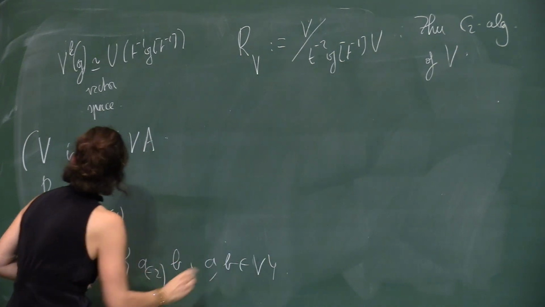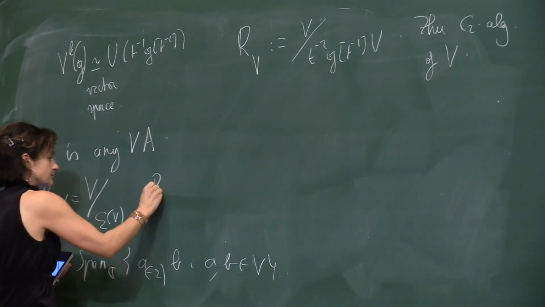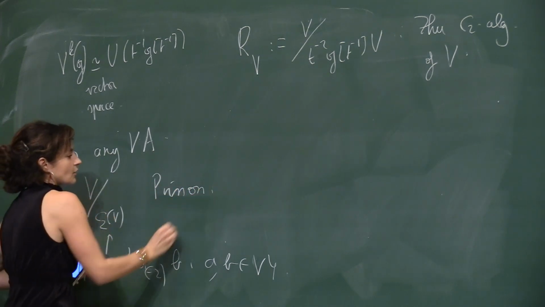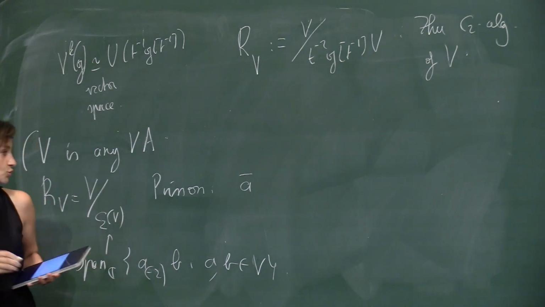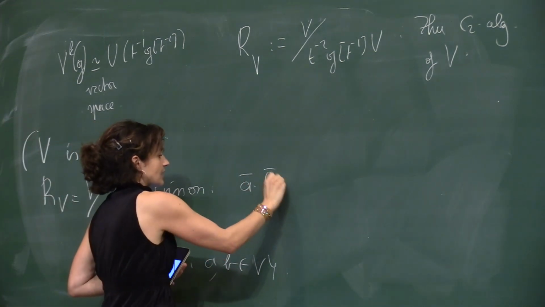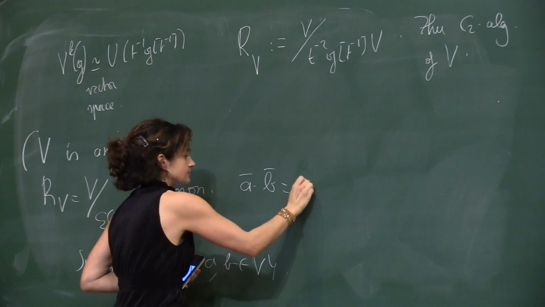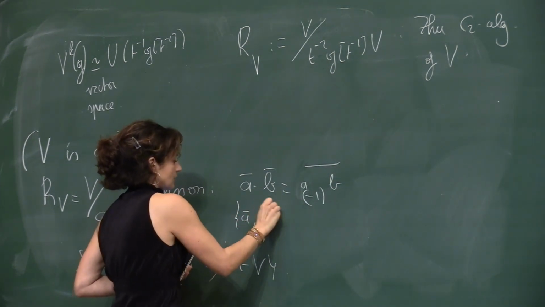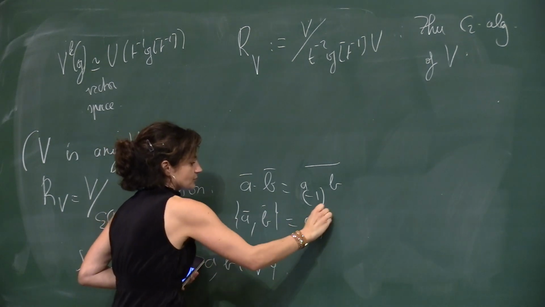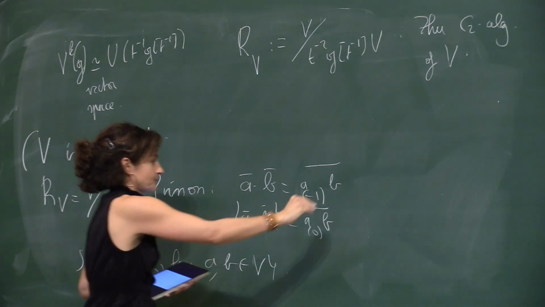And this is known that this is a Poisson algebra. So the product, if I denote by bar the image in the quotient, is given by the normally ordered product. And the Poisson bracket is given by A0B. Okay.